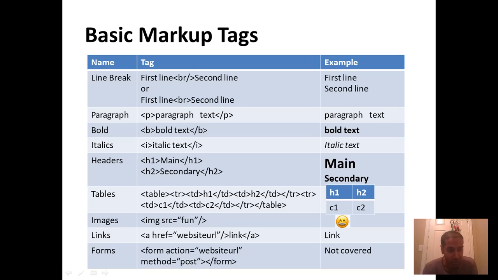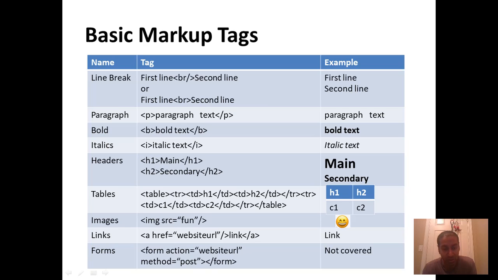The next tag of note is images. If you want to display an image on your HTML page, you would use the img tag followed by a space and the src attribute. I mentioned that tags could have attributes associated with them, and within double quotes you would have the URL of the image.